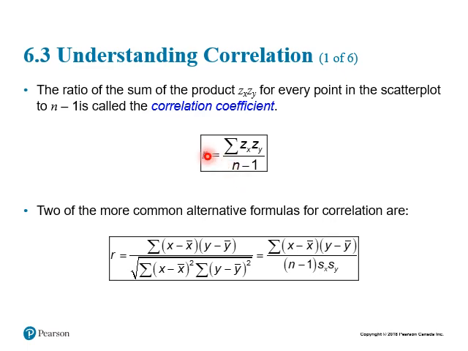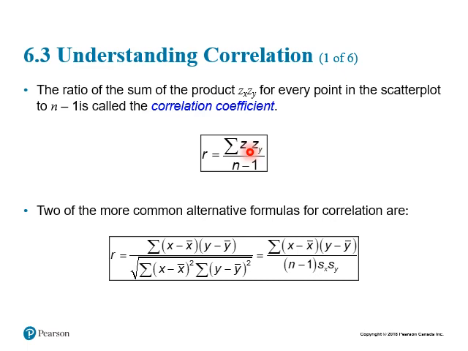Anyways, we have multiple ways to calculate this small r, or just the correlation coefficient, using the standardized form. You can see here the equation refers to zx and zy, which are the z-score of x and the z-score of y.